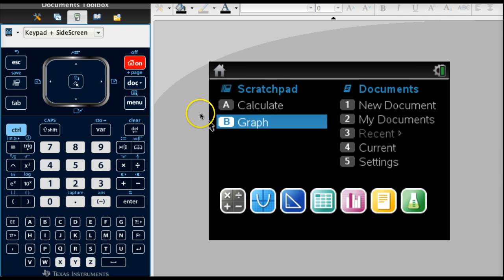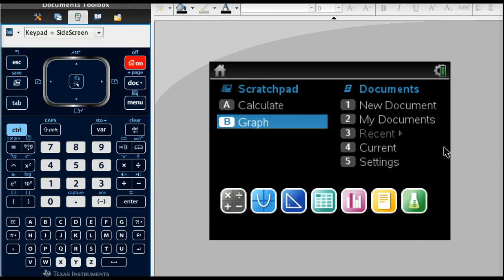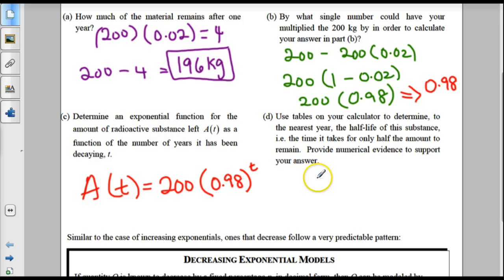The half-life of the substance is how long it takes for only half of the amount to remain. So I am looking for half of 200. My half-life is going to be 100.